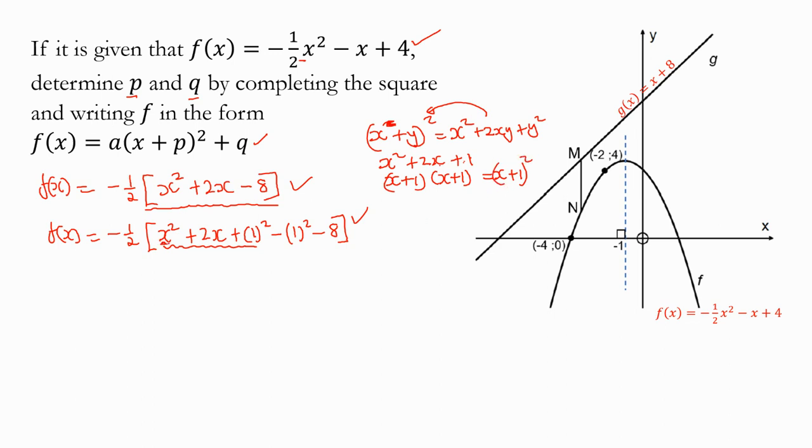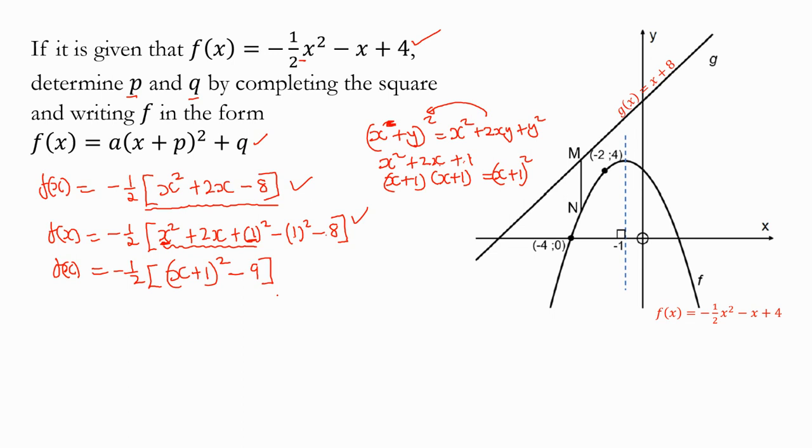Just take this x here and take this 1 here. It forms a bracket. So it's f of x is equal to negative half and then x plus 1 squared, and then minus, what is negative 1 minus 8, that is negative 9. So it's minus 9 there.